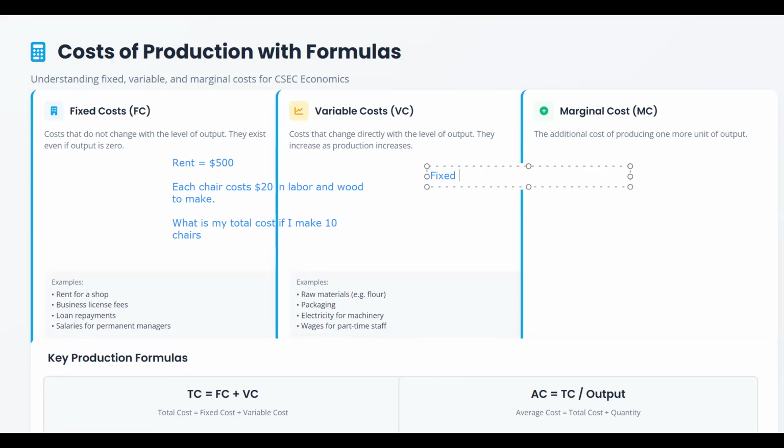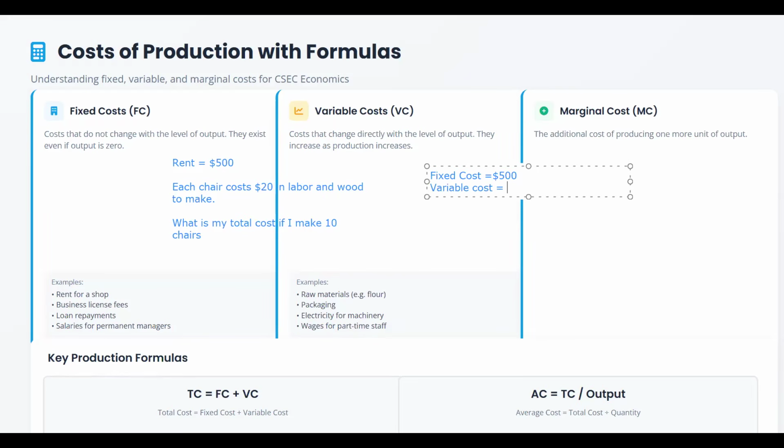My fixed cost will be how much? $500, right? Because my rent is 500. Doesn't matter how much I'm producing, my rent is still 500. My variable cost would be, it's 20 for one, but I'm making 10.